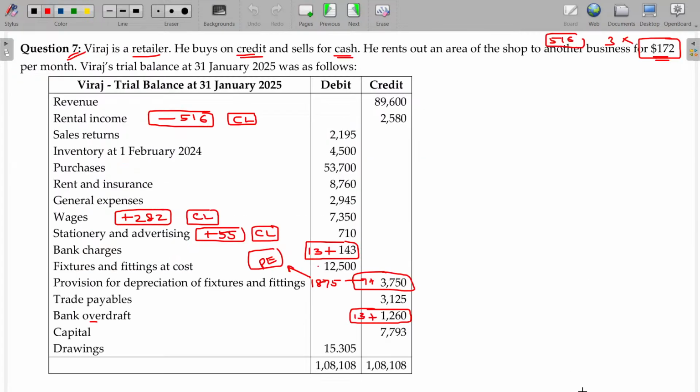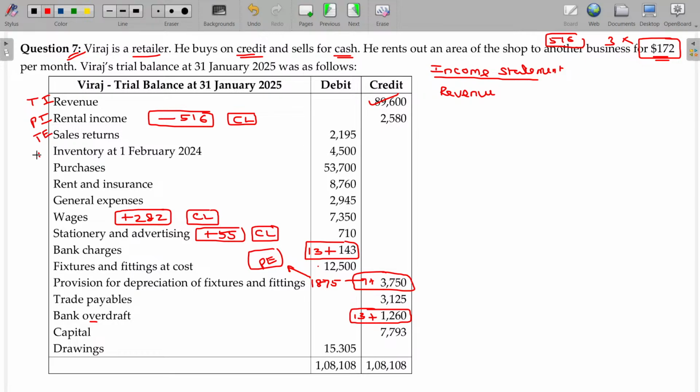Let me start the preparation of the income statement. Income statement for the year in the books of Viraj. Revenue being 89,600. I mark this trading income; rental income is profit and loss income; sales return is a trading income subtracting item; otherwise named trading expenses.